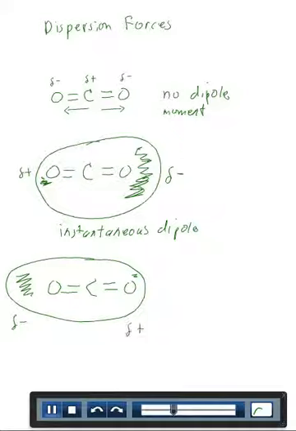This is again another instantaneous dipole. So at any instant there could be a dipole moment in carbon dioxide, but on a time-weighted average there is no dipole. All of these instantaneous dipoles on average cancel out.